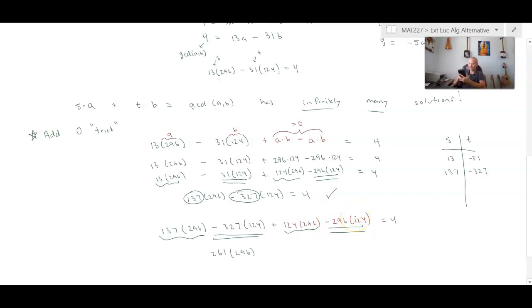So in total I have negative 327 plus negative 296, which is negative 623 124s. And I'm claiming that that should still equal 4. Let me check my work. 261 times 296 minus 623 times 124. Lo and behold, I get 4.